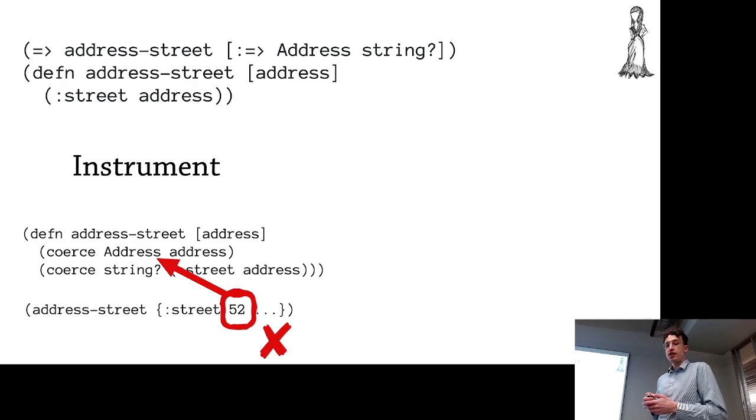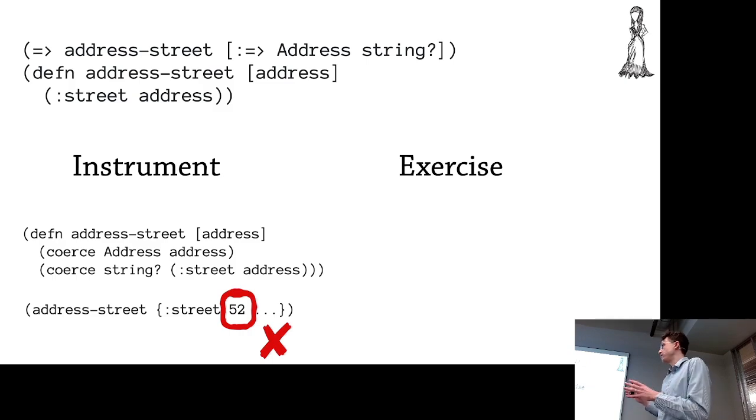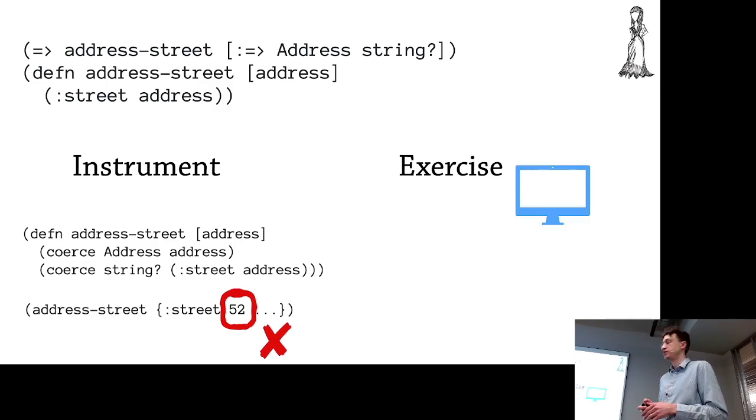The second way is probably the most fascinating part of spec for me: fully automatic testing. And this is where the computer comes back. From the opening slides, this is the computer side of the dialogue.